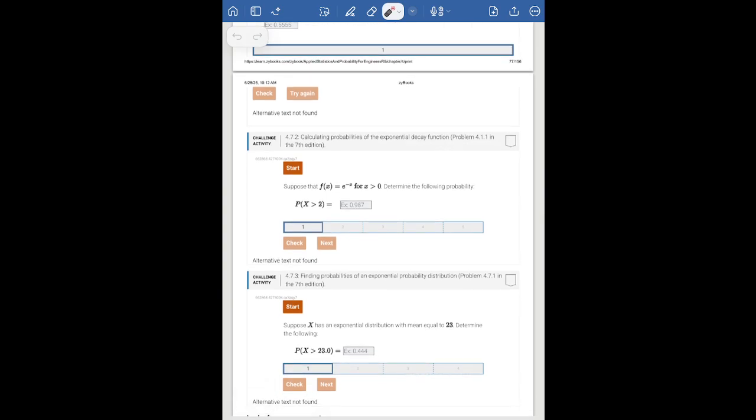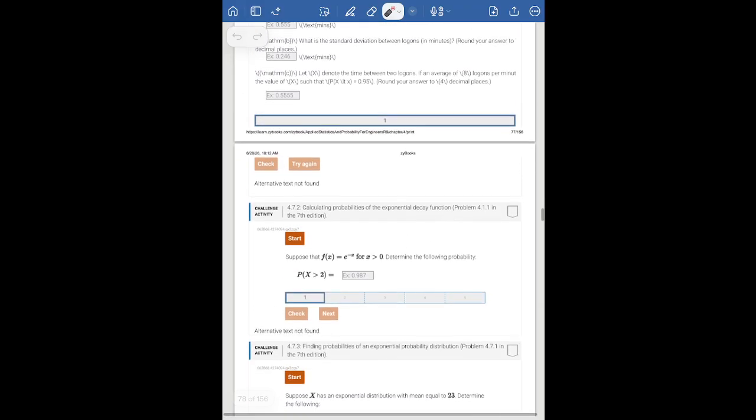Calculating probabilities of an exponential decay function. Suppose that this is your f of x, where x is greater than 0, and you want the probability of x being greater than 2. Great practice.